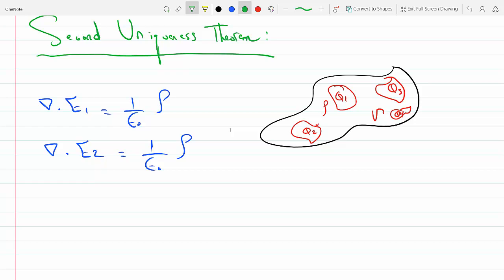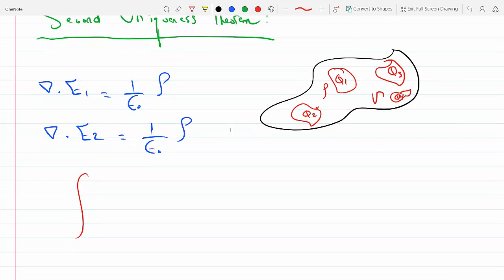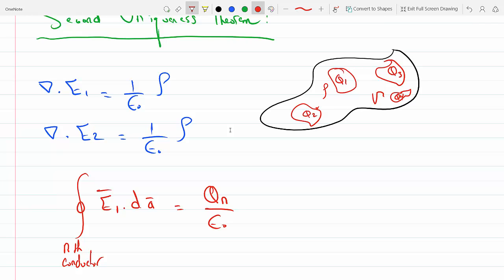If you take any one of these conductors inside this volume, let's take the nth conductor, and you take a Gaussian surface on that, then the integral of E1 dot dA has to equal the charge on that conductor, Qn, over epsilon.